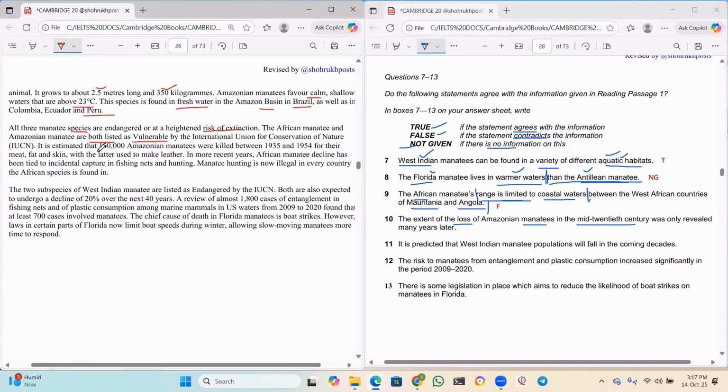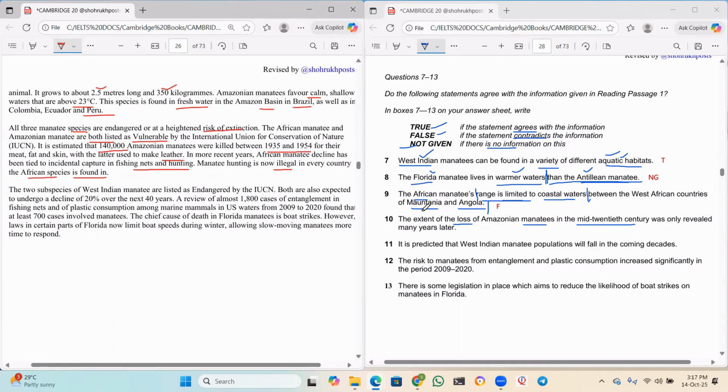It is estimated that 140,000 Amazonian manatees were killed between 1935 and 1954 for their meat, fat, and skin, with the latter used to make leather. In more recent years, African manatee decline has been tied to incidental capture in fishing nets and hunting. Manatee hunting is now illegal in every country the African species is found in.